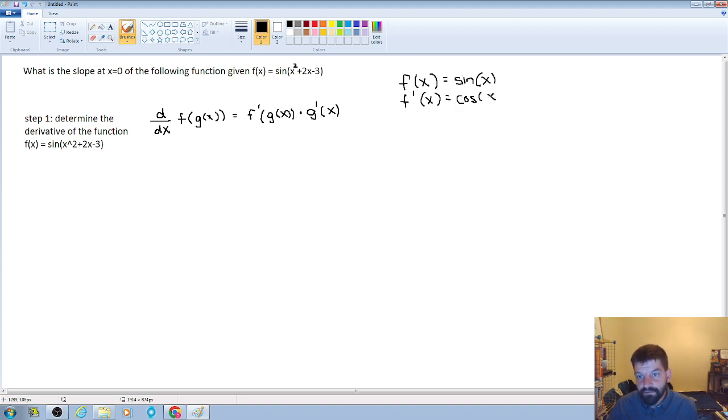And then for my g of x, this is going to be the polynomial x squared plus 2x minus 3. Now, with determining this polynomial's derivative, we just have a couple of things going on.